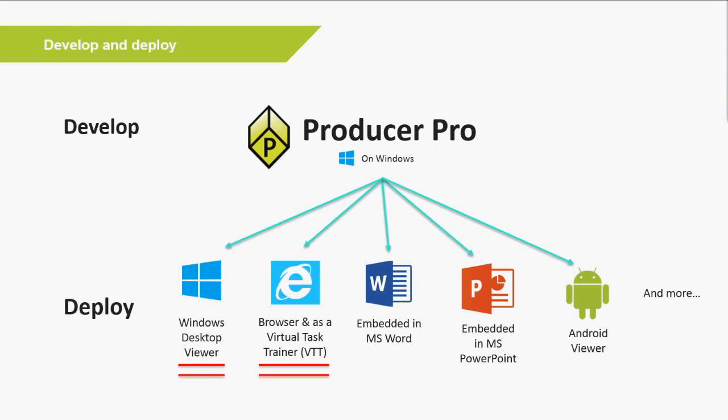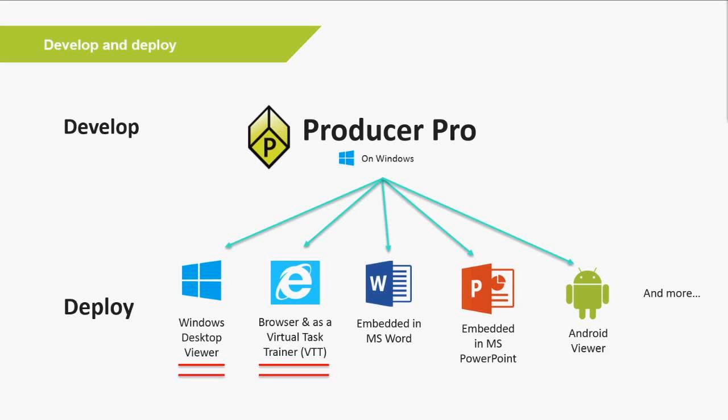You can embed your training into a Microsoft Word document or a Microsoft PowerPoint document. We have an Android viewer, which if you're interested in, please contact me, and more. These are not the only ways to use this training, but they are the prime ones. And in fact, the two we'll major on today are the desktop viewer and the virtual task trainer.